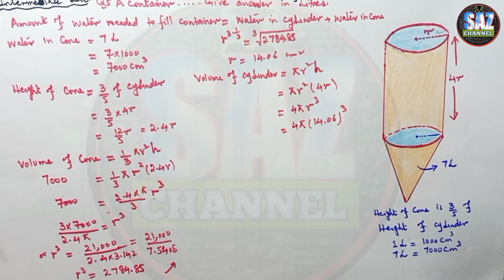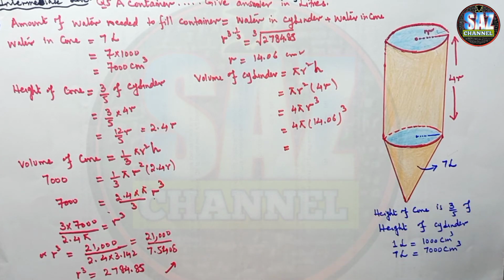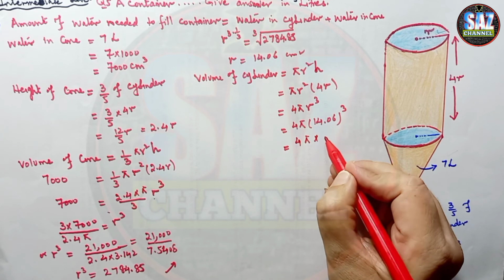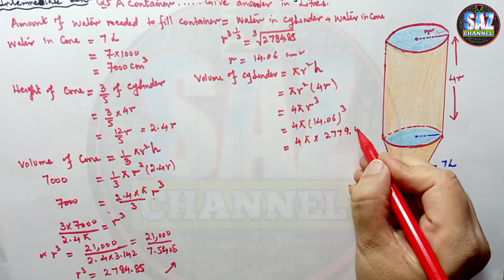Now 14.06 whole cube, 14.06 cube, this gives me 2779. It's giving a slight difference in the calculation. So I always ask my students to use the same values in such cases. Then the question will take the form 4 pi multiplied by 2779.43.